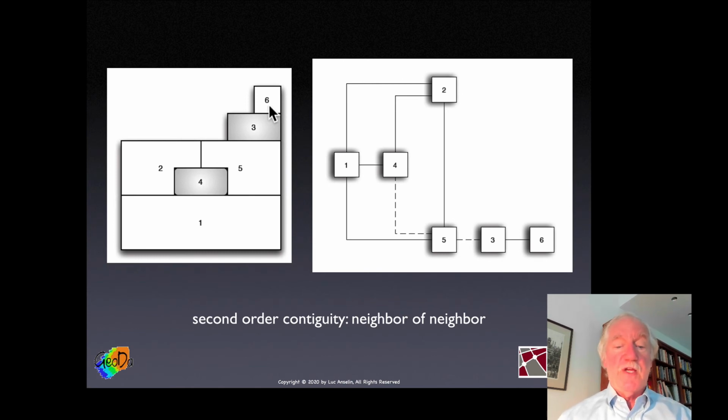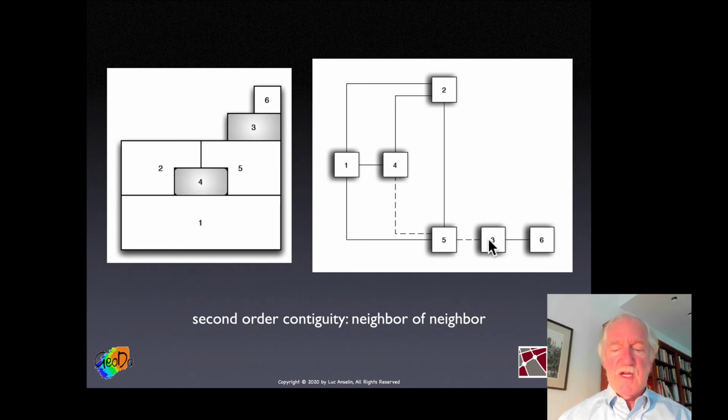You can also think of this as the number of steps you have to take in the graph representation. So here's our graph again, our different nodes. To get from 4 to 3, you need 2 steps, the shortest steps. You can also go in 3 steps, and this illustrates my point.